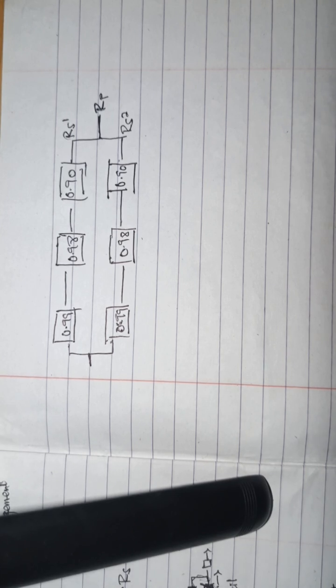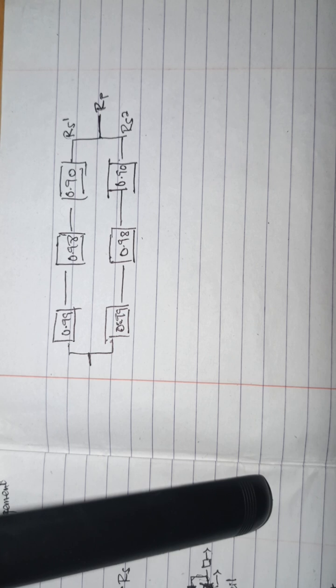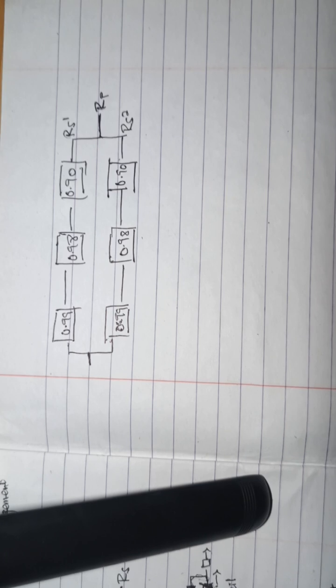Okay. So to find the system reliability, this is very simple. Now, calculation of the system reliability in operations management is very simple. You just have to understand where to calculate your redundancy and when and where to calculate your system when it is in series.